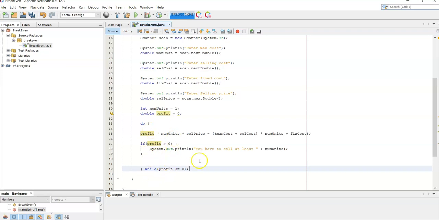Because I need a loop, so it will keep going while profit is less than 0, right? I will explain after I finish writing the code here.